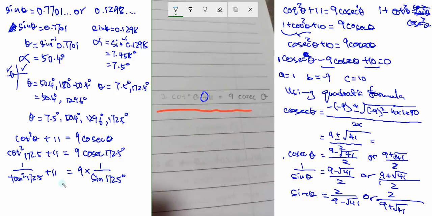Now, we have to see whether they are equal or not, so we shouldn't put equal first. We just put the left hand side and the right hand side of the equal sign.